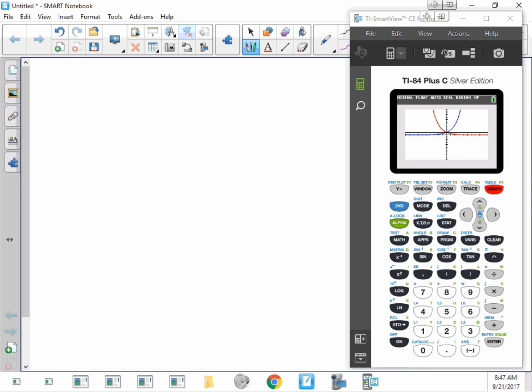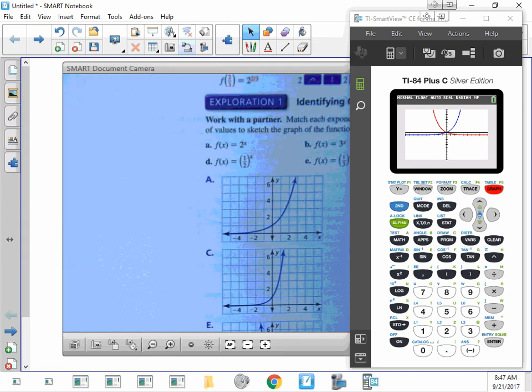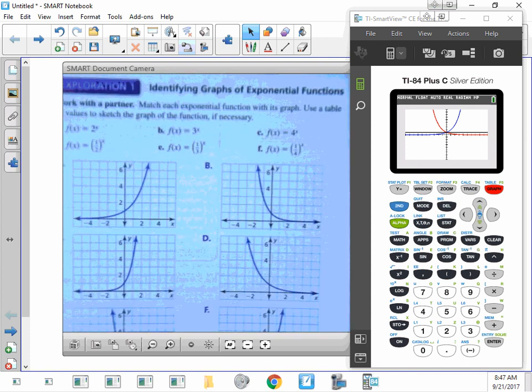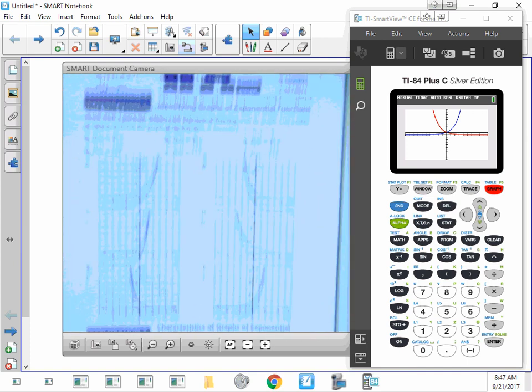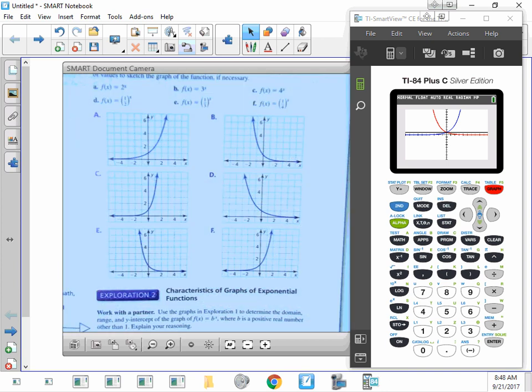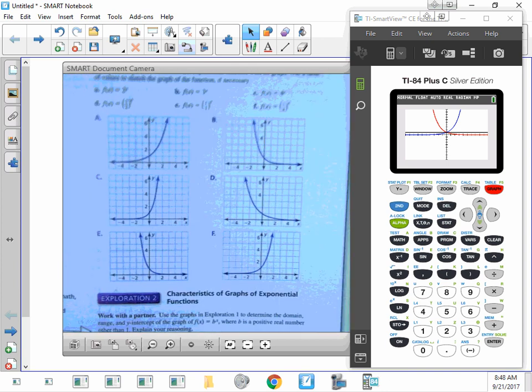So open your student journals. What are we on? 1.6. And turn to this page. We need to match equations to graphs.